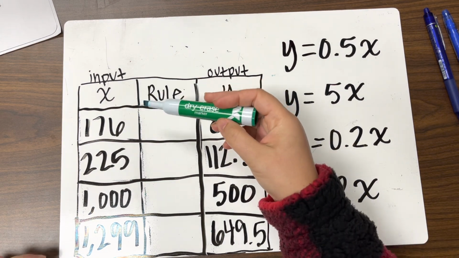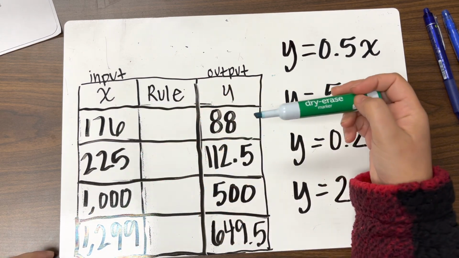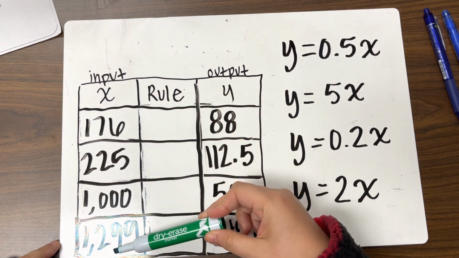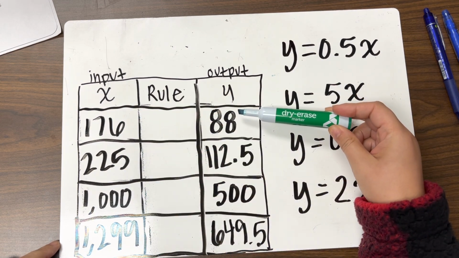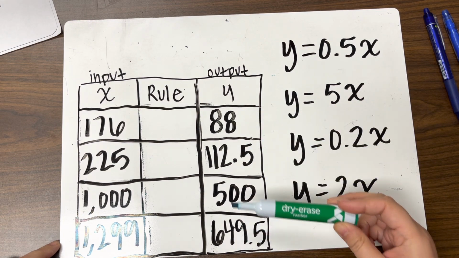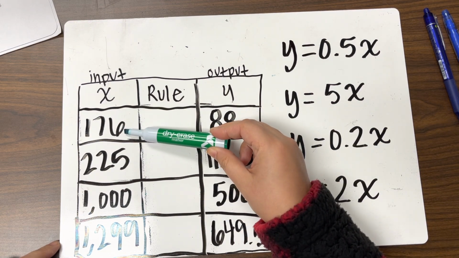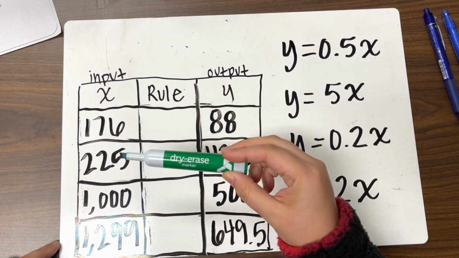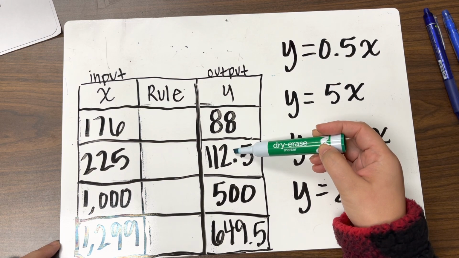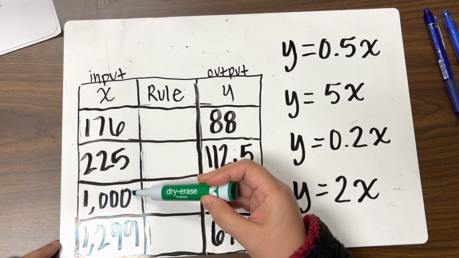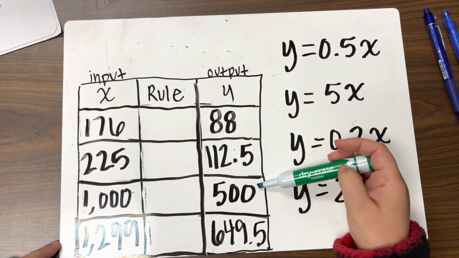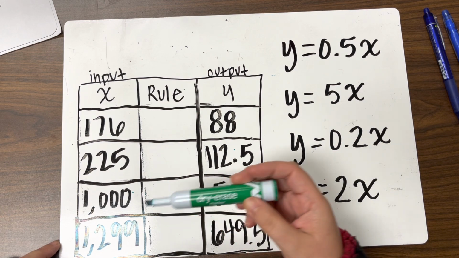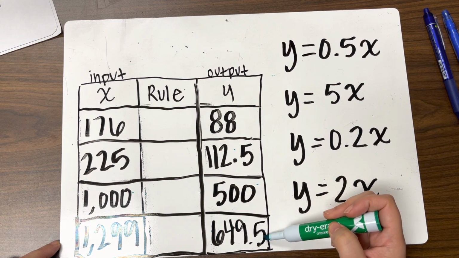So first let's look at our numbers that we have here. We know that our input is obviously greater than our output, okay? So 176 is greater than 88. 225 is greater than 112.5. 1000 is greater than 500, okay? 1299 is greater than 649.5, okay?